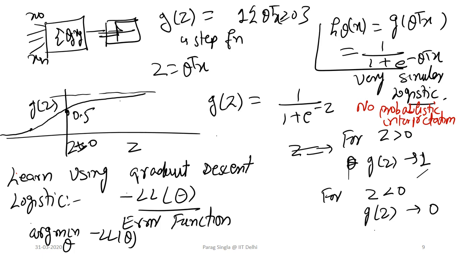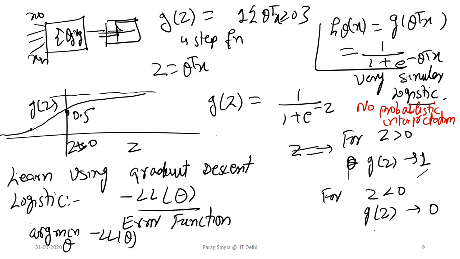And g now being the sigmoid function, this can be written as simply g of theta transpose x, which is 1 over 1 plus e to the minus theta transpose x. And if you recall, this is very similar or identical to logistic regression.